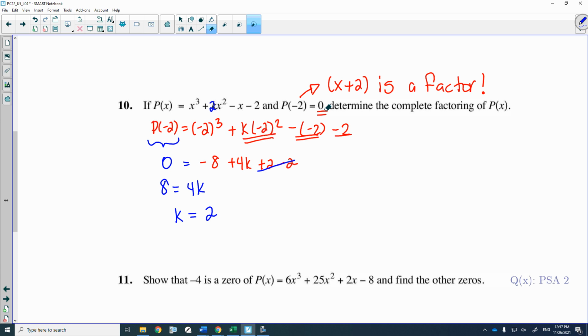It wants us to find the other factors. We must use synthetic division to find the other factors. So according to my polynomial function, I don't need any zeros as placeholders. I'm just going to now input my coefficients: 1, 2, -1, -2.